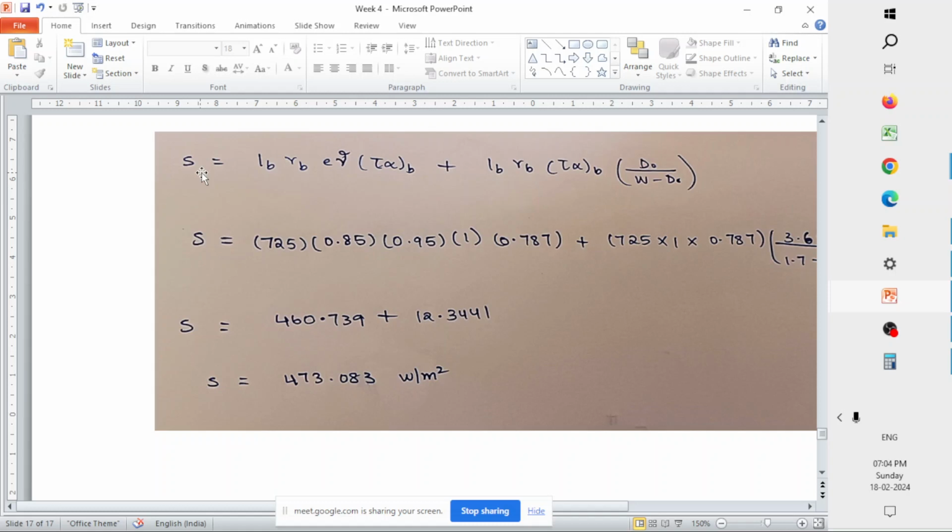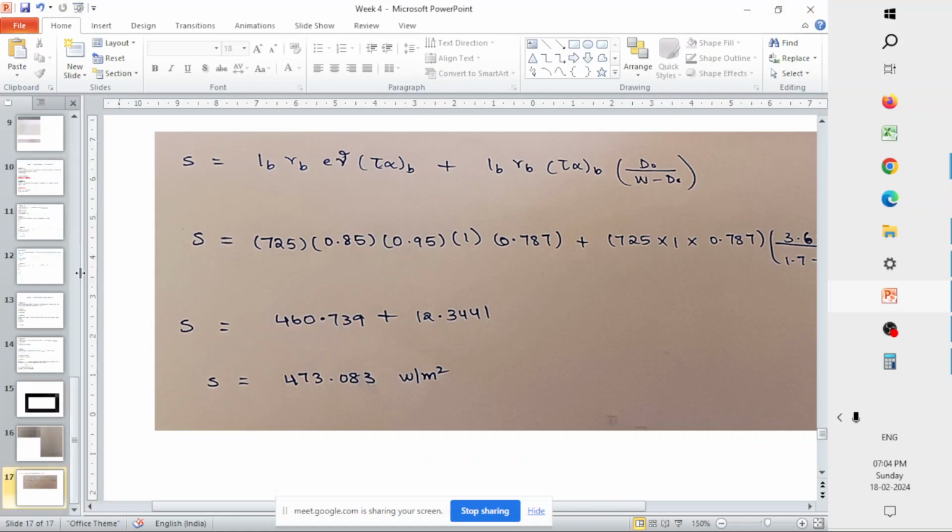Tau alpha B is your transmissivity absorptivity product based on beam radiation, and D naught is nothing but the outer diameter of the tube. W is your aperture width, that is you have a parabolic collector, so for that you will have a particular aperture, which is denoted by W minus D naught.